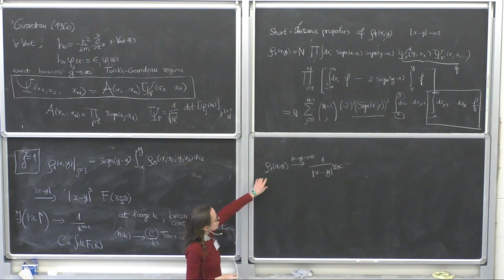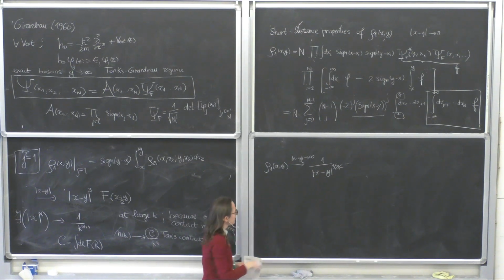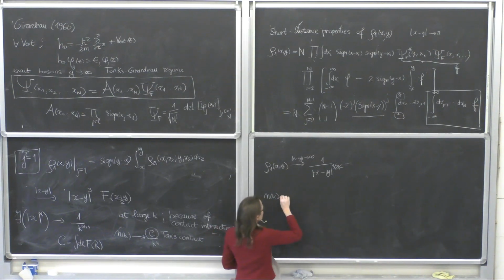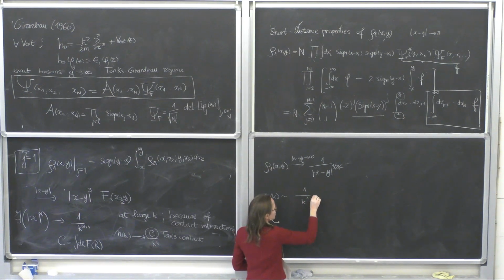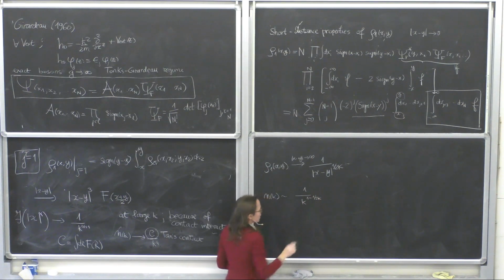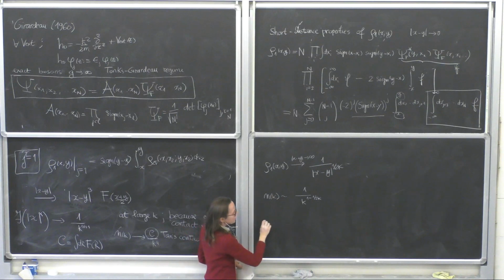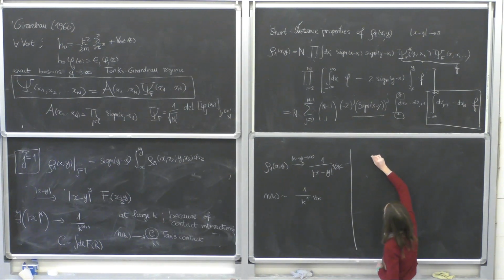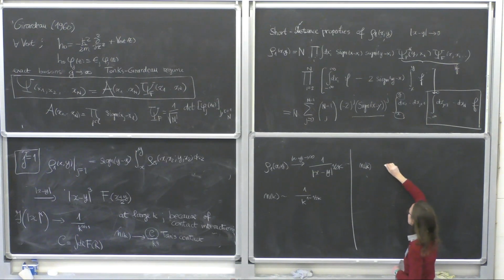So if I do the Fourier transform of that, I get that n of k scales like 1 over k to the power 1 minus 1 over 2K. And so overall, I have this picture for the momentum distribution of an interacting Bose gas, and the Tonks-Girardeau gas in particular, this shape.